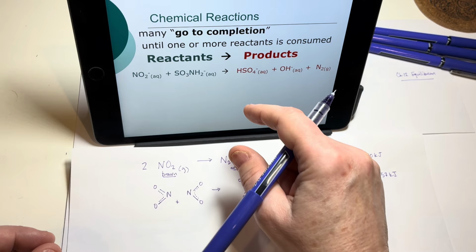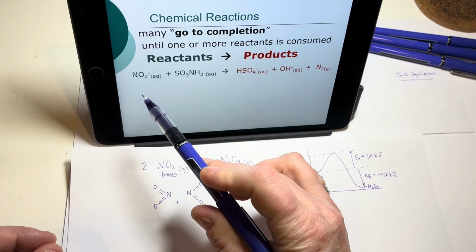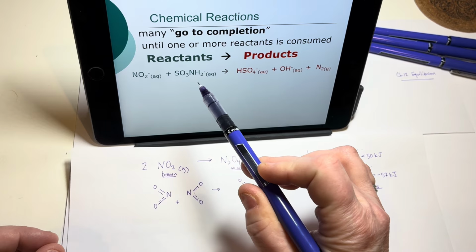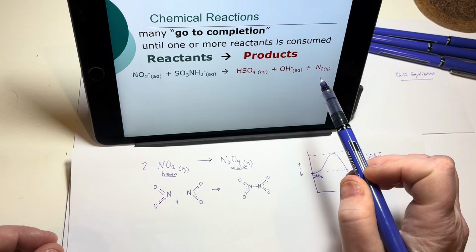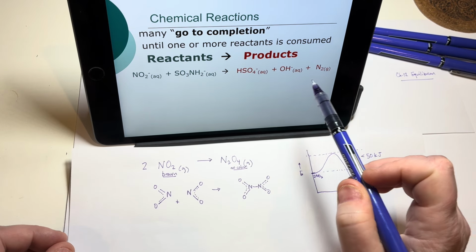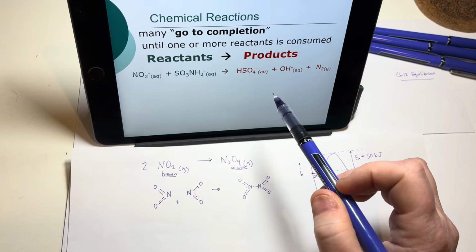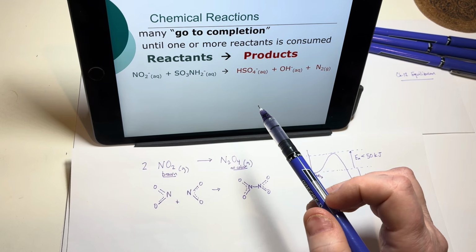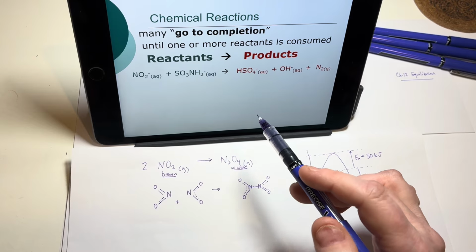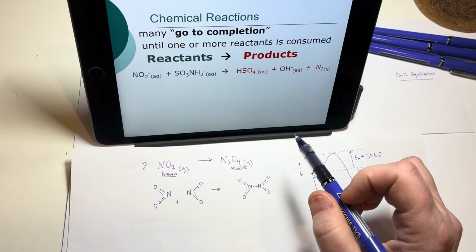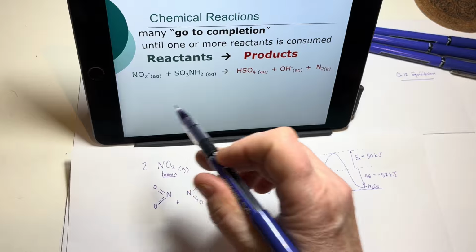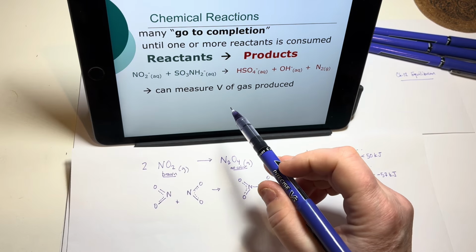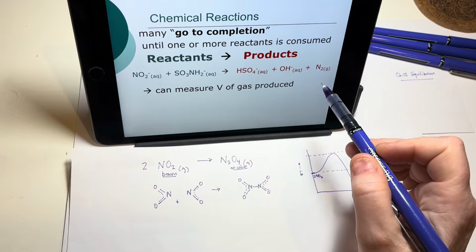If we take a look at something like this, we have a couple of ions that we can mix together to produce nitrogen gas and some hydroxide and other ions. You carried out this reaction sequence in a couple of your lab experiments when you were synthesizing nitrogen gas. In this reaction, we can measure the volume of the gas produced.